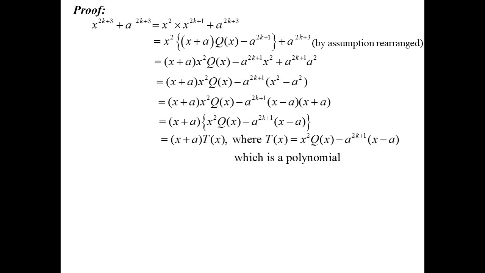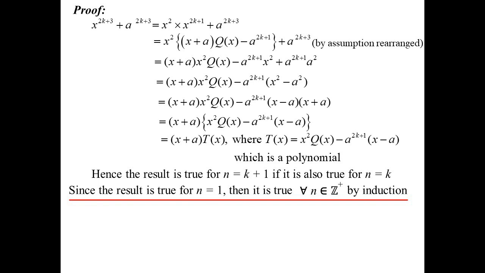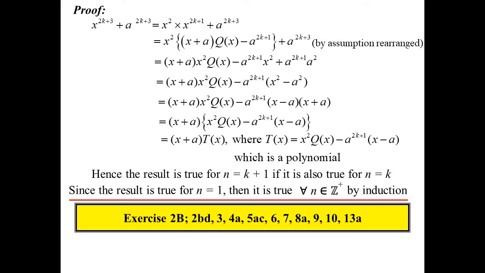So yeah, it's times tx. Tx would be this particular expression, but yeah, it's a polynomial. That's not a problem. So hence the result is true for k plus 1 if my assumption was okay, if it was true for n equals k. Well, we know it was true for n equals 1, therefore it must be true for all of these integers by induction.